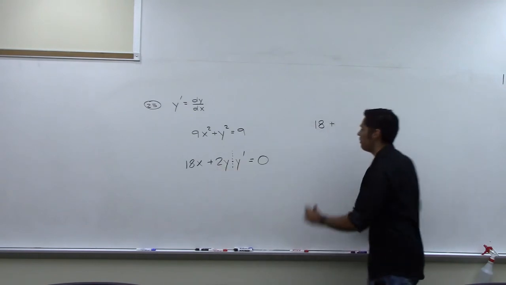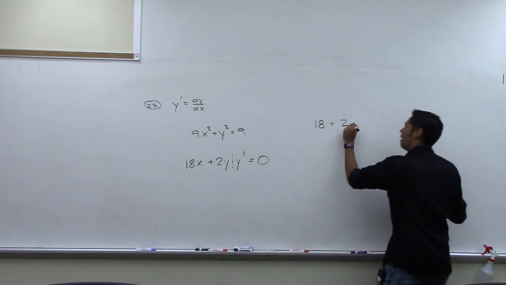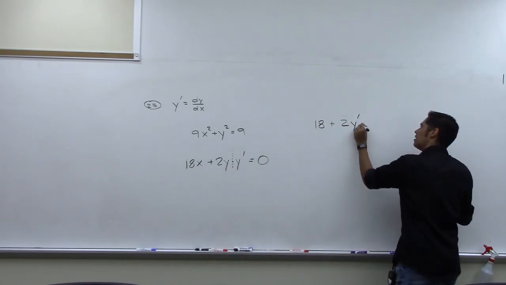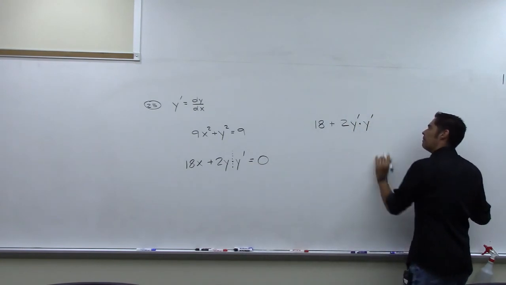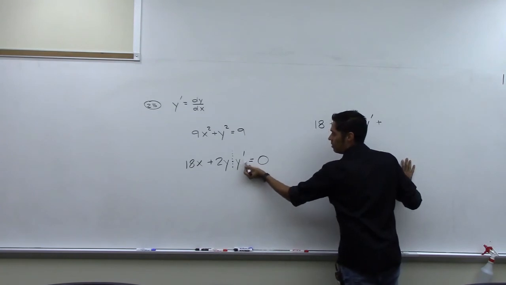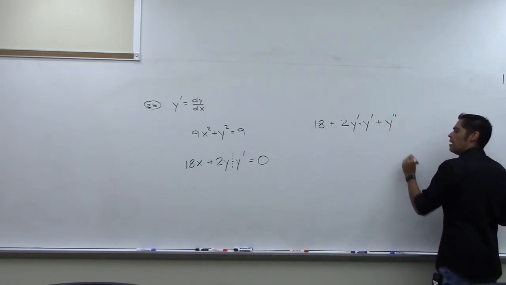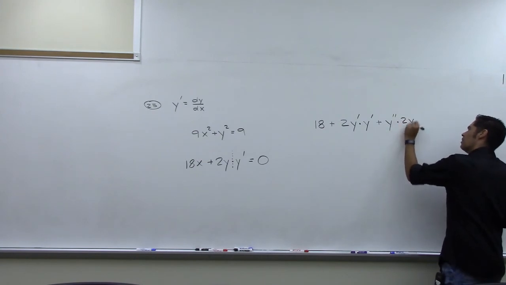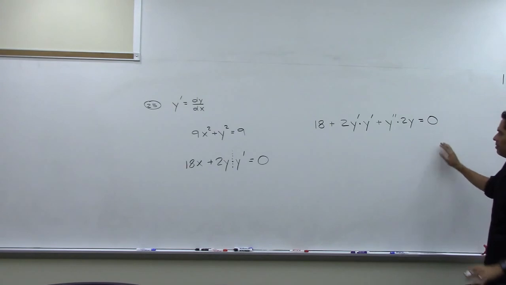Well, 2 is going to come along for the ride, and then the derivative of y is y prime, times the second one, y prime again, plus now the derivative of the second one. The derivative of the derivative is the second derivative, times the first function, 2y, then equals the derivative on the right side, 0, which is still 0.